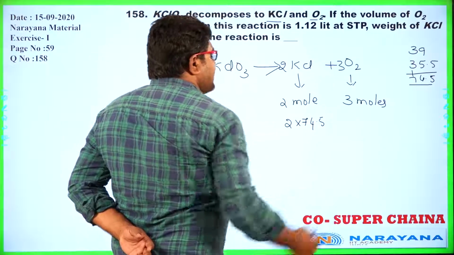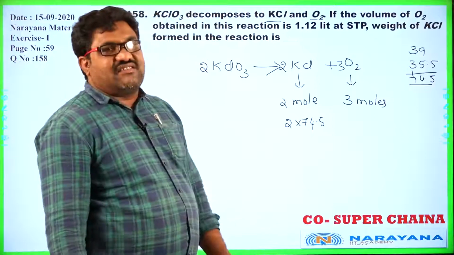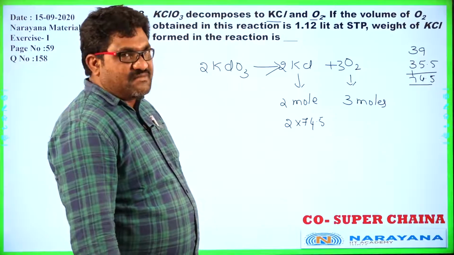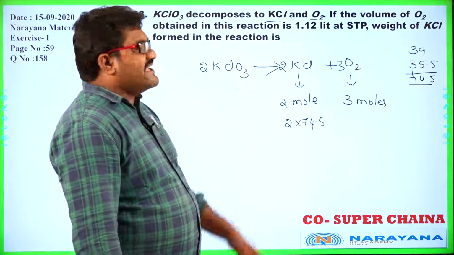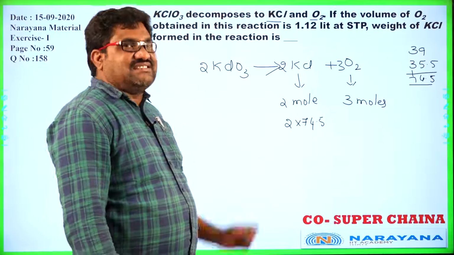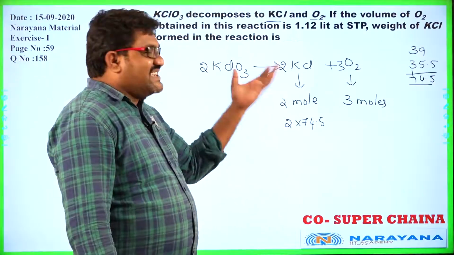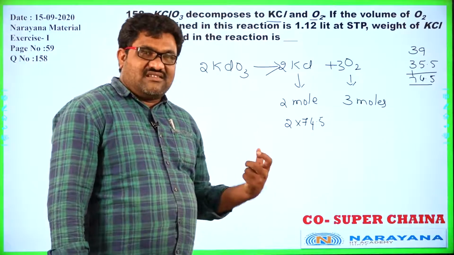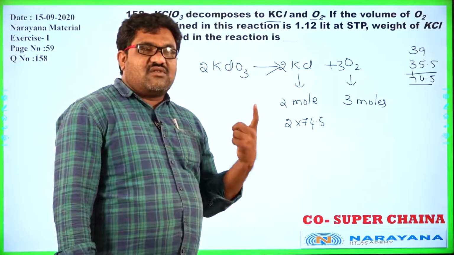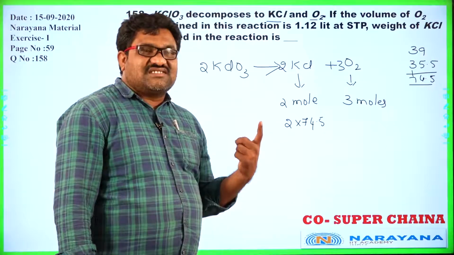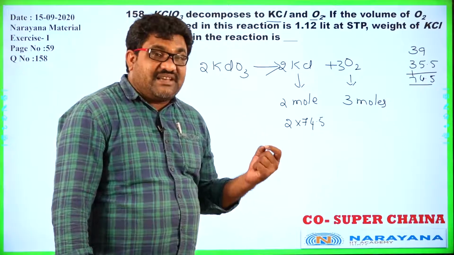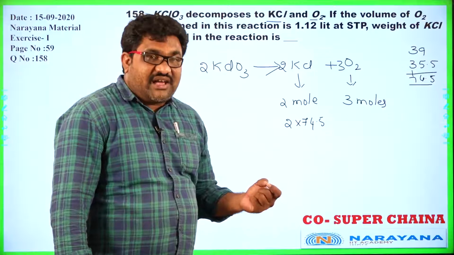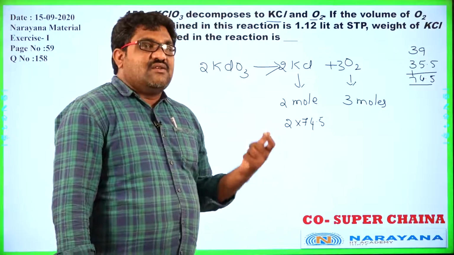So 2 into 74.5 of KCl is formed along with 3 moles of oxygen, and the volume regarding oxygen he has given, so I am changing that number of moles into volume. We know that one mole of any gaseous substance at STP conditions can occupy 22.4 liters.